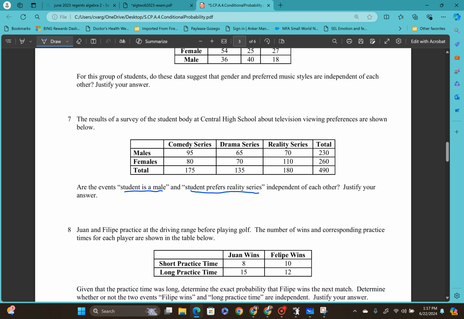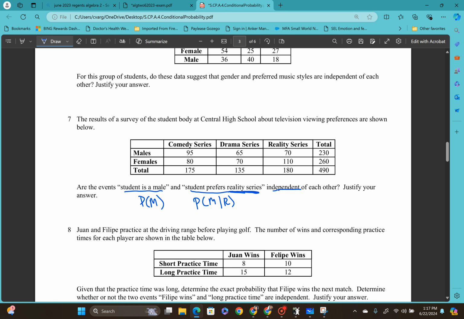So we want to see if the probability of a student being a male versus if a student prefers reality series, right? So probability of male given reality series. Reality series is here, but they're still a male. So we want to see if they are independent of each other.